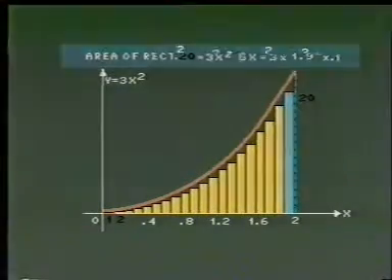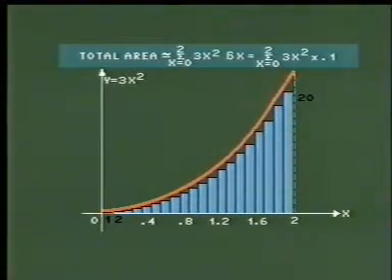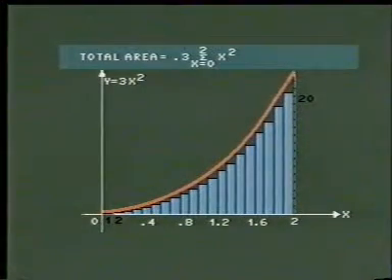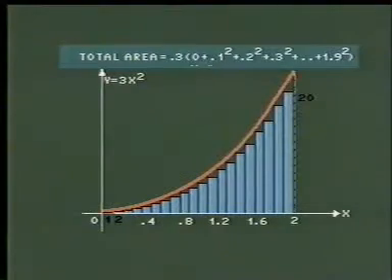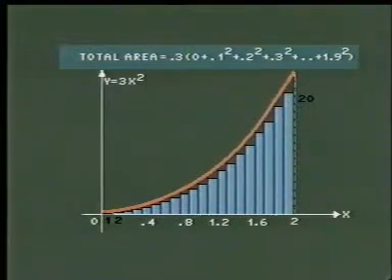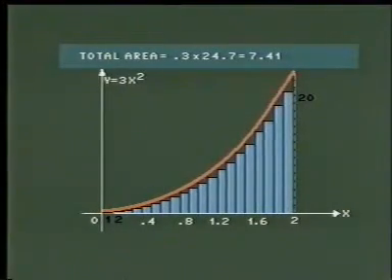Therefore, the total area is approximately equal to sigma 3x square delta x when x varies from 0 to 2, which is equal to sigma 3x square into 0.1, which is equal to 0.3 sigma x square, which is equal to 0.3 into 0 plus 0.1 square plus 0.2 square plus 0.3 square and so on plus 1.9 square, which is equal to 0.3 into 24.7, which is equal to 7.41.